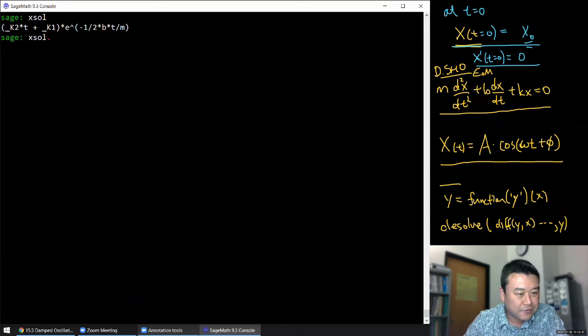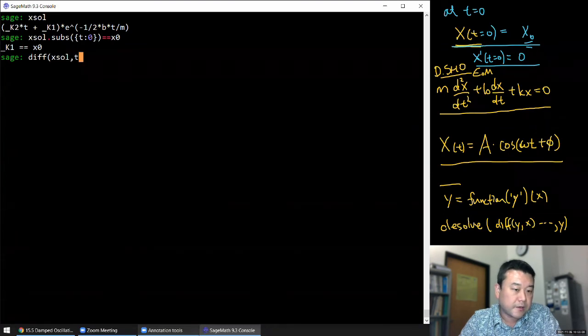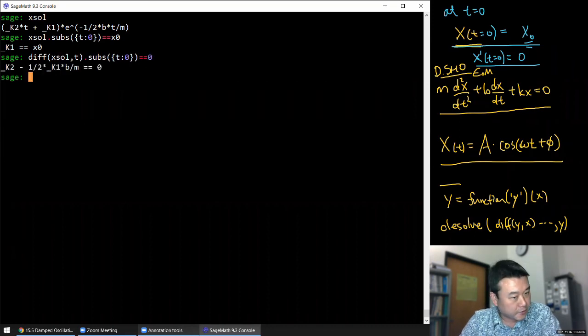But let me just do this in a less efficient way for now. When I'm plugging in t equals 0, I want the x value to be some parameter, the initial value. And for the derivative with respect to t, when I substitute in t equal to 0, I want that to be equal to 0.